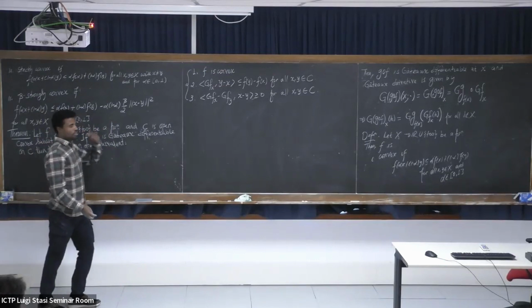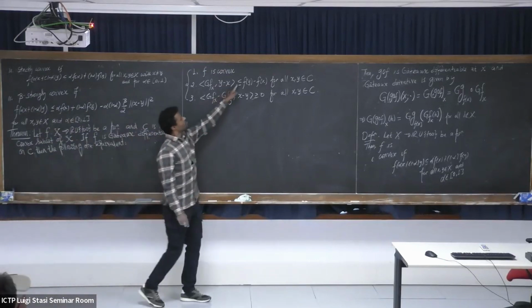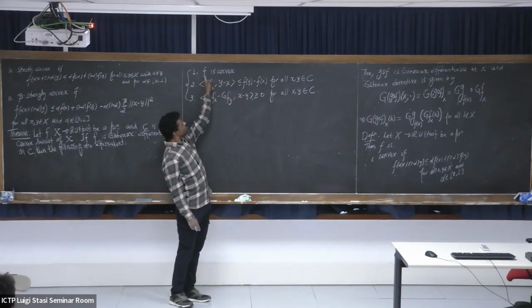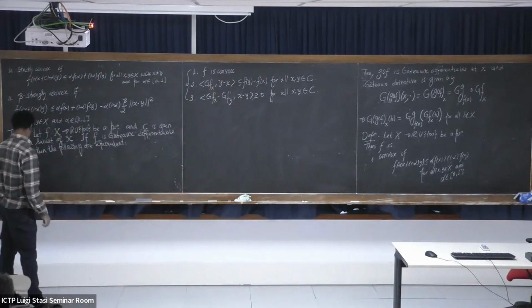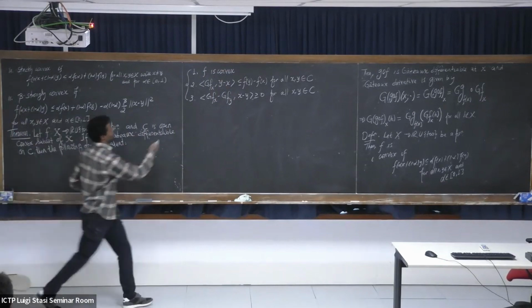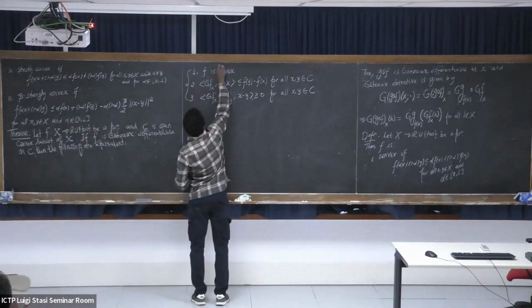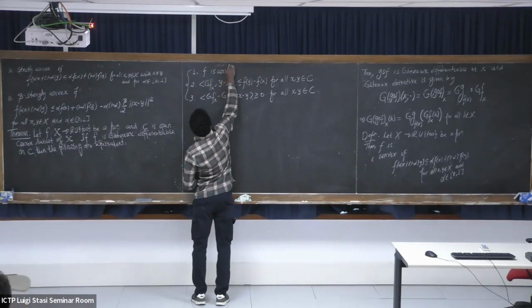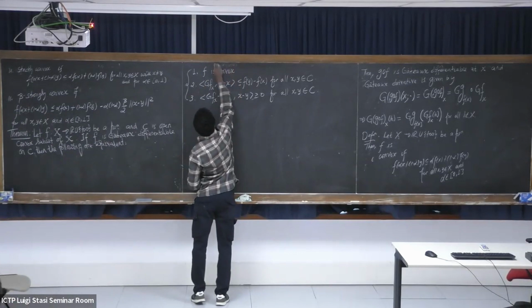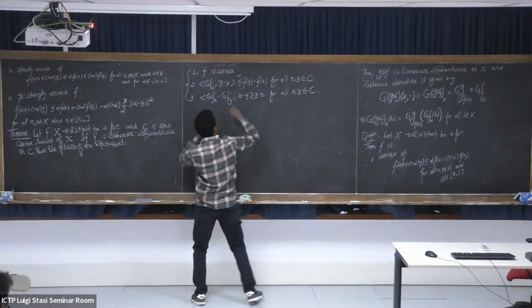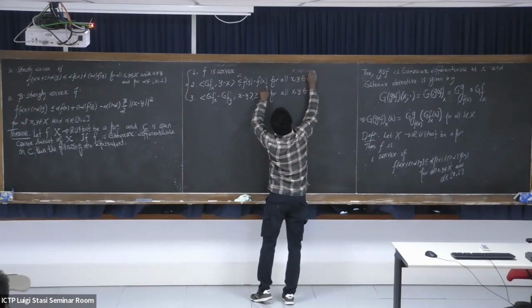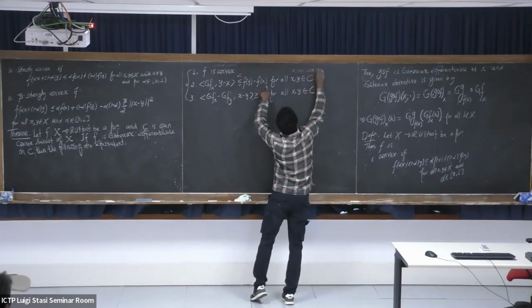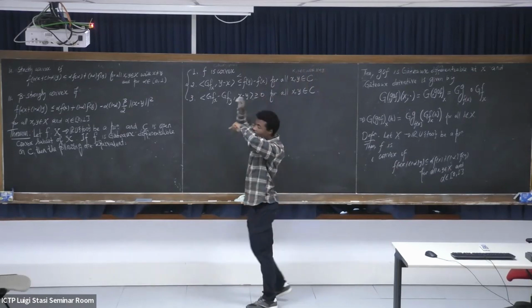If f is strictly convex, this will be strict. Here, for x and y distinct points.